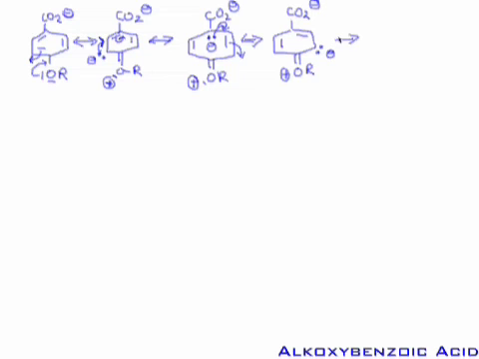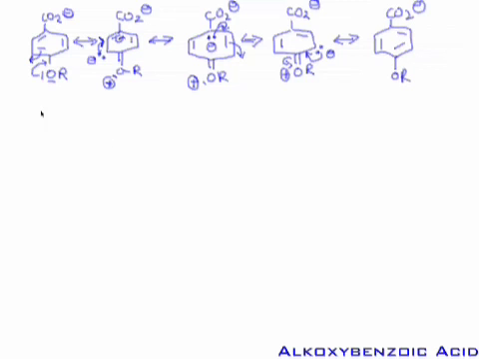And lastly, it takes patience to draw these structures. If I dump this here, move these pi electrons back out on the oxygen, get pi bond here, CO2 minus, and back to my OR.